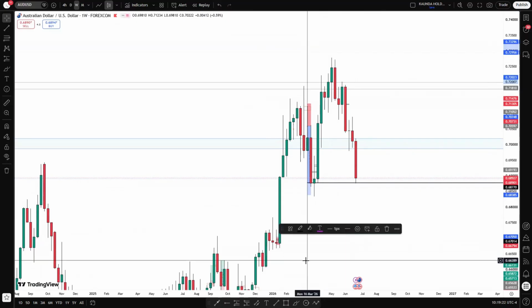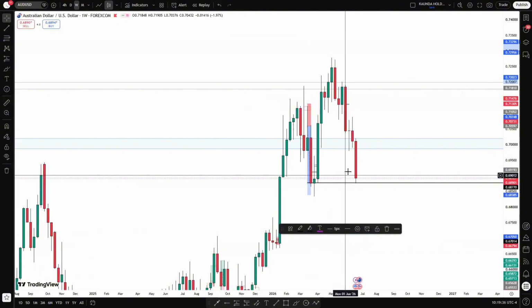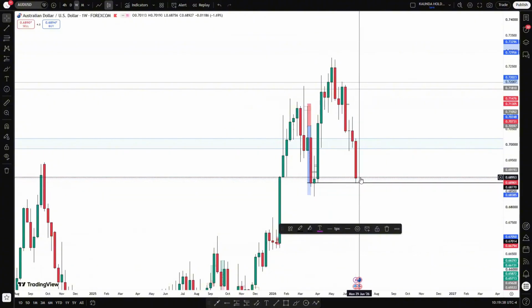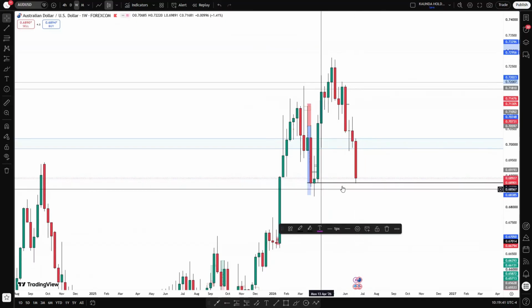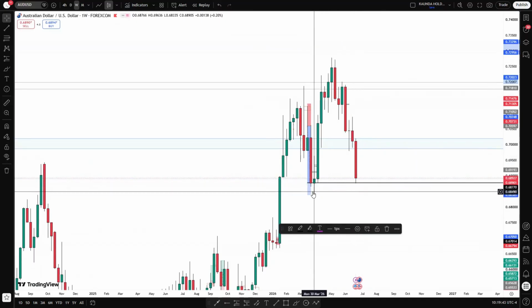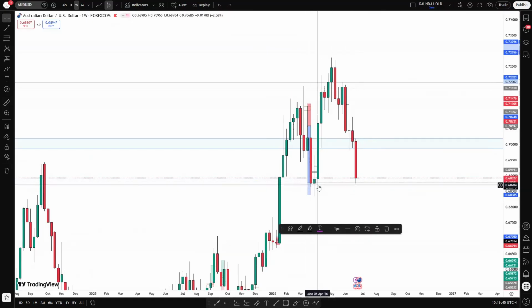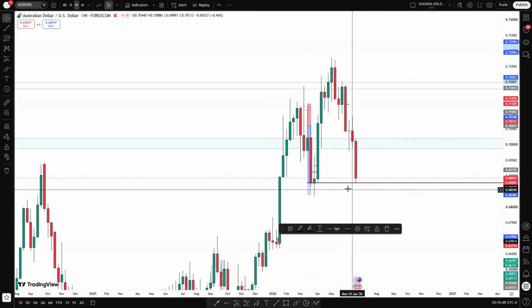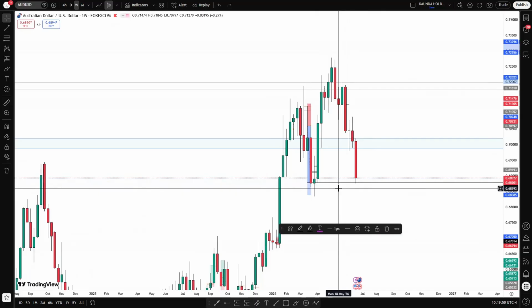So what did price do though? That's the most important question. Price ended up not breaking below this level, because I thought with this kind of move, AUD was at risk of being taken out, and this pair turning into a bearish pair.